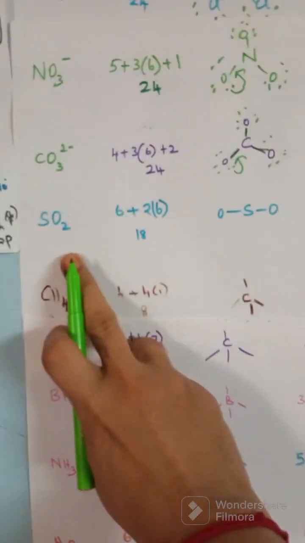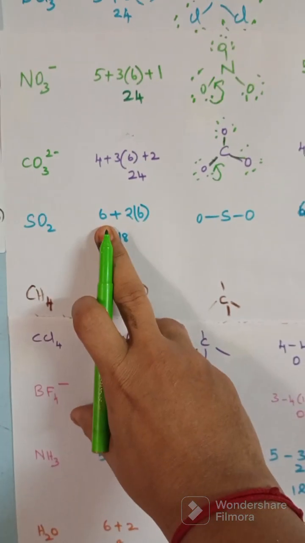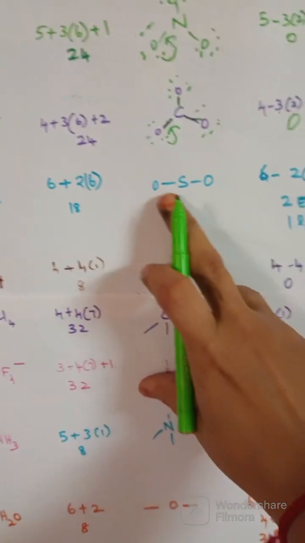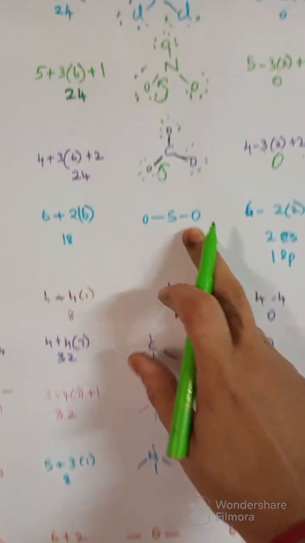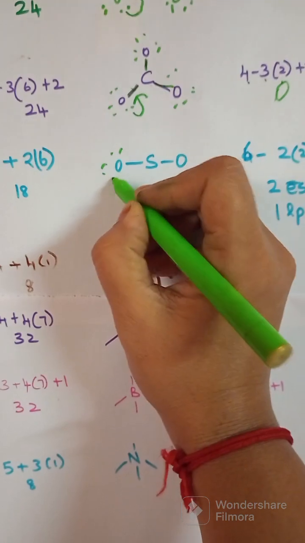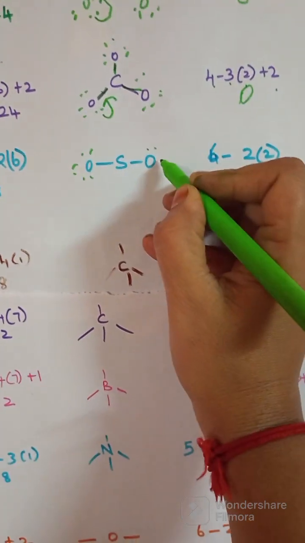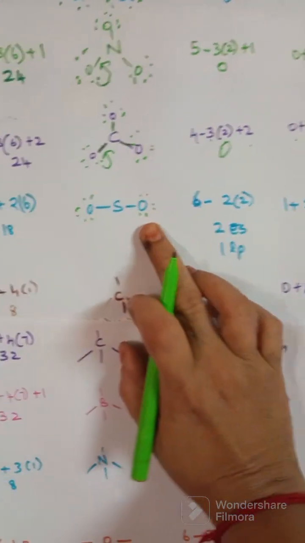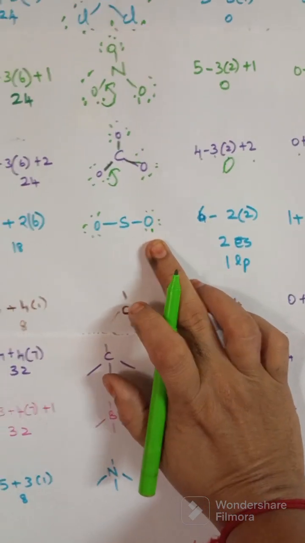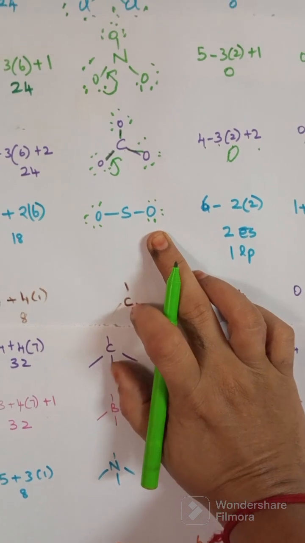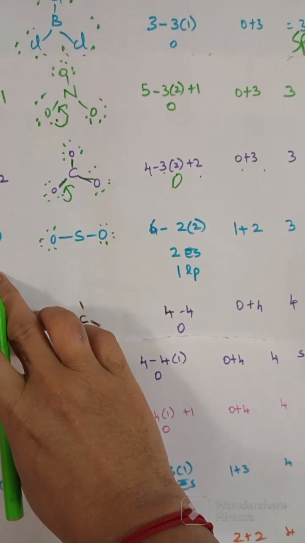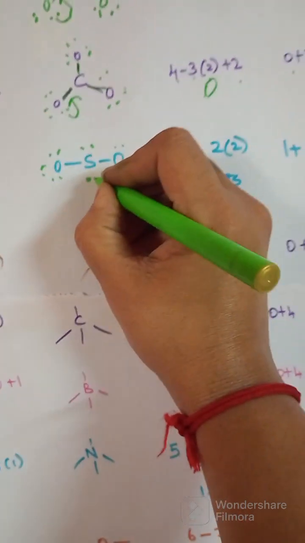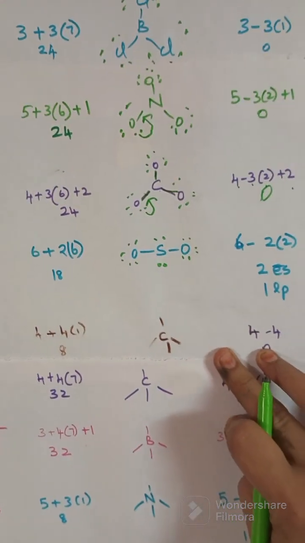For sulfur dioxide, sulfur belongs to group number 6. 6 plus 2 into 6 is 18. So the structure will look like this. So 2, 4, 6, 8, 10, 12, 14, 16. So oxygen have been given 8 electrons each, but still the count has come to only 16. But there are 18 electrons, so there are 2 electrons left as a lone pair on sulfur.